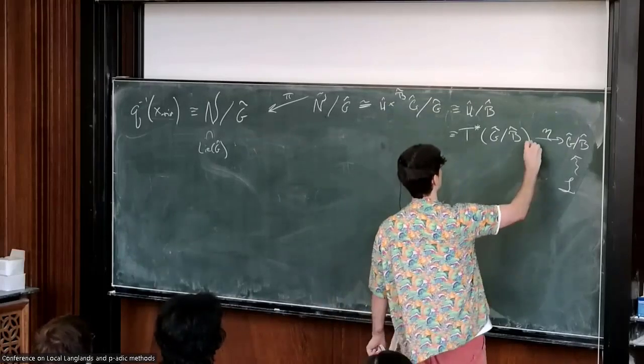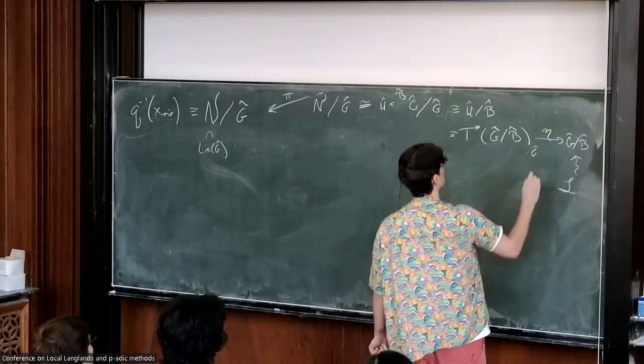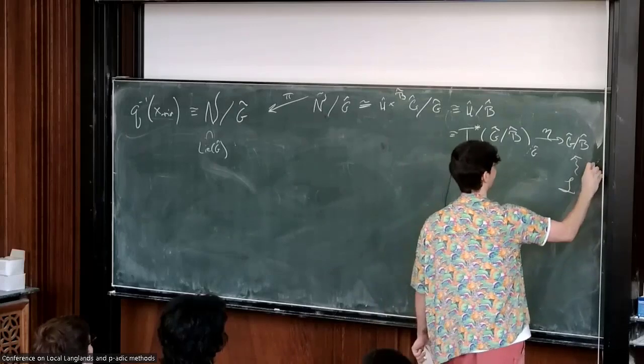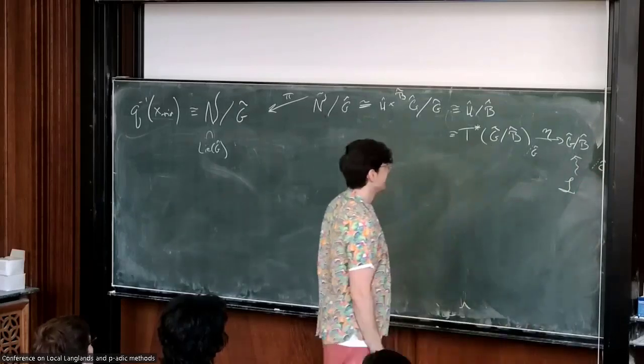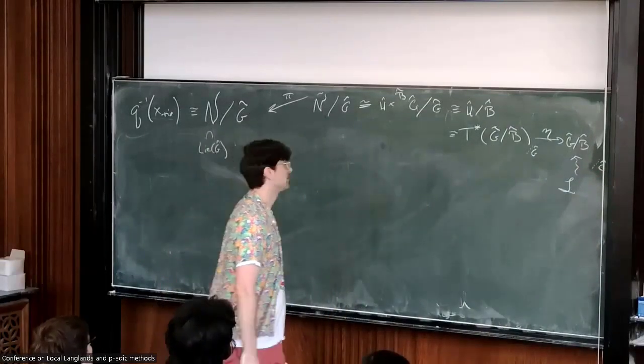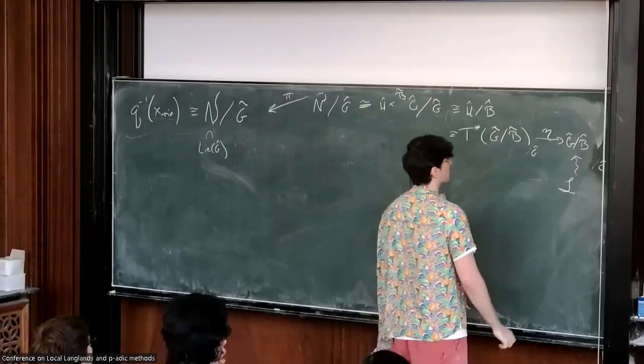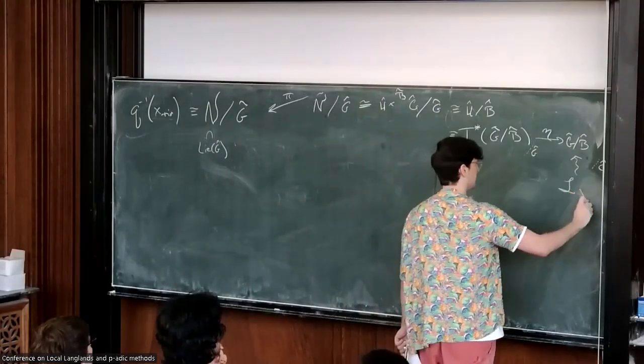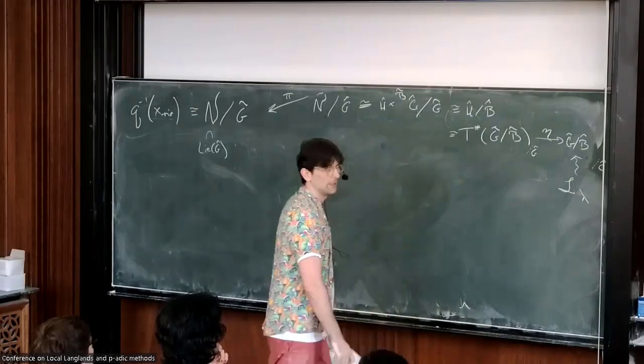I'm being a little bit sloppy, but on the flag variety attached to lambda, you have the usual equivariant line bundle, L lambda.